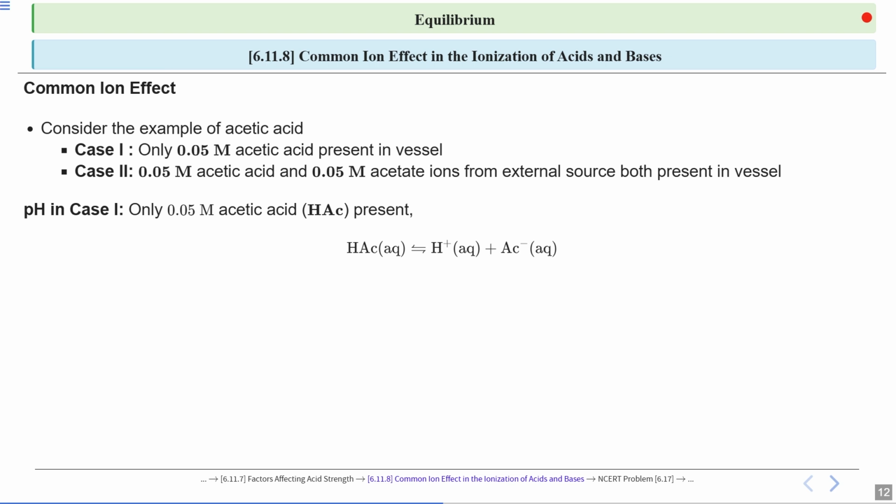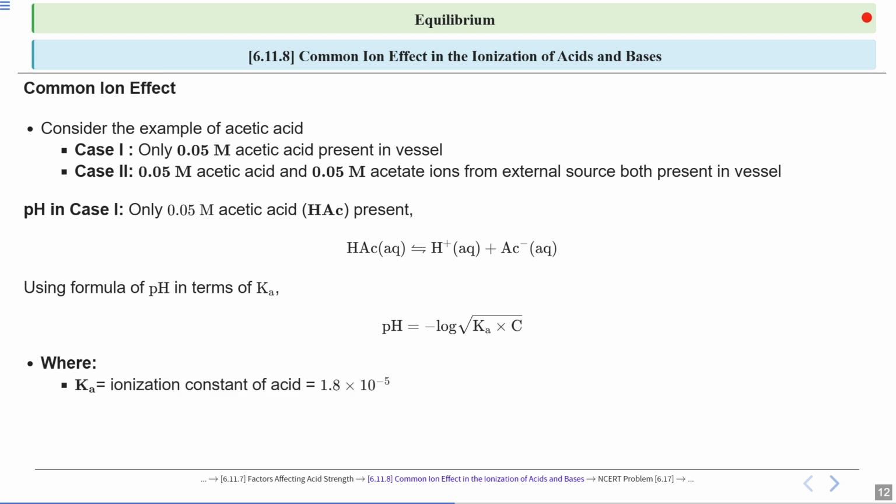It's very simple. This is the dissociation of your acetic acid, which is represented here as HAc. It will give you H plus and Ac minus. Now, if you want to calculate the pH, you have a general formula in terms of Ka: pH is equal to minus log of square root of Ka into C. Putting the value of Ka, which is the dissociation constant, and its value is 1.8 into 10 to the power minus 5.